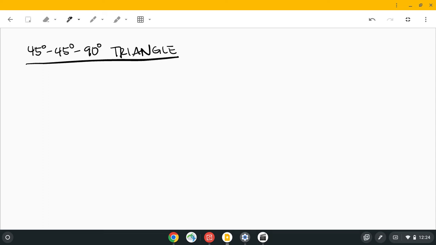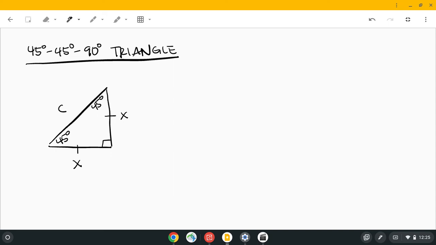Okay, all right, 45, 45, 90 triangle. So what does that look like? Well, you have this, and you have 45, 45 on the other two. Okay, so that's a 45, 45, 90 degree triangle. We see here that these two angles are the same, therefore these two sides must be congruent. If I call this x, then this one is x, and we don't know the hypotenuse, so we'll call it c.